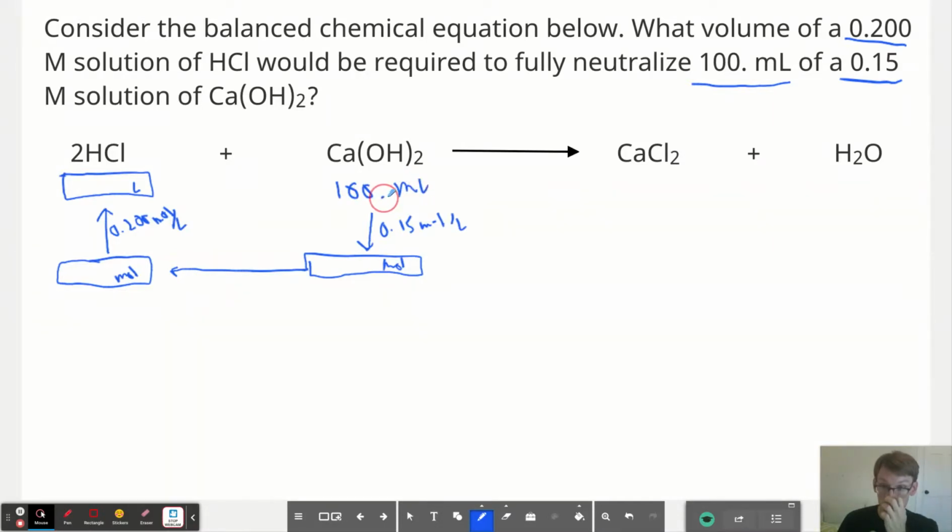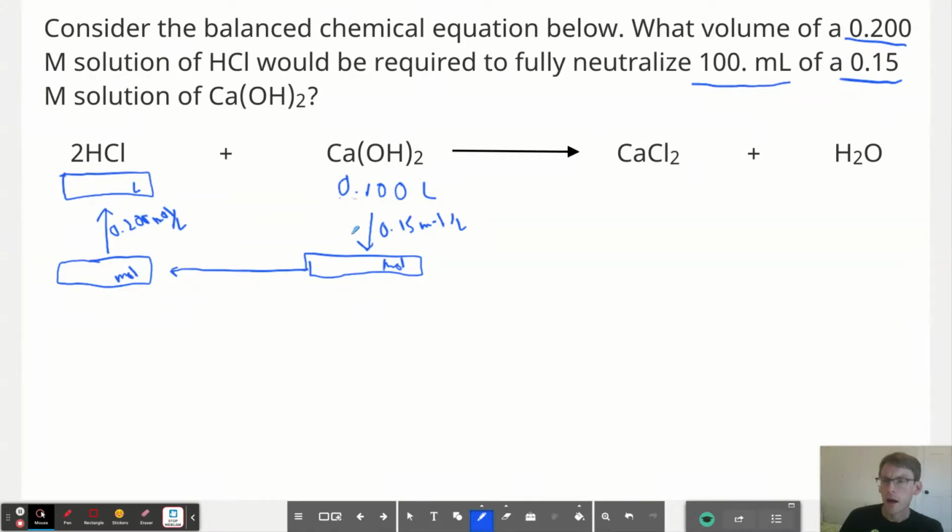So if I solve this, first of all, I'm just going to make things a little bit easier for myself. I'm going to say that 100 milliliters is equal to 0.100 liters with the right number of sig figs. That I will allow if you were to do the same thing.